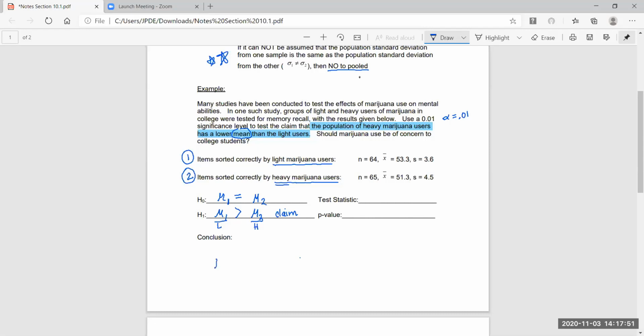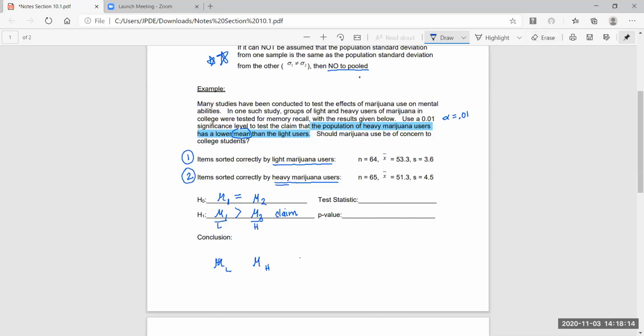I noticed on the MyOpenMath, sometimes they'll go like this. Instead of putting 1 and 2, they might put like L and H for light users and heavy users. Or there's one, I think it has like east and west, so they put an E and a W. So it's just a way to keep track of which is your first sample and which is your second sample.